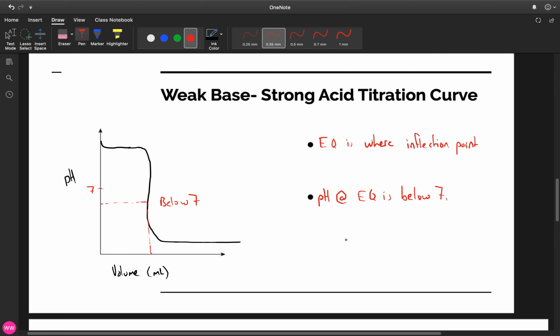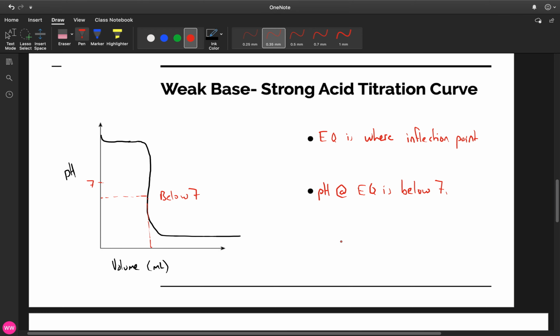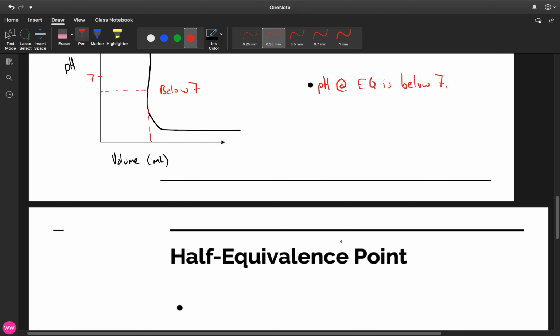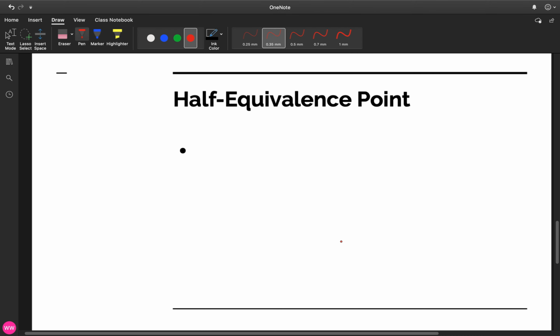Now, continuing on, like in our weak acid, strong base titration lecture before, there were some important points. We could find the pH of the solution by doing a before-after table and then using the Henderson-Hasselbalch equation. We could still do that with these. We also have the concept of the half equivalence point, or the halfway point.